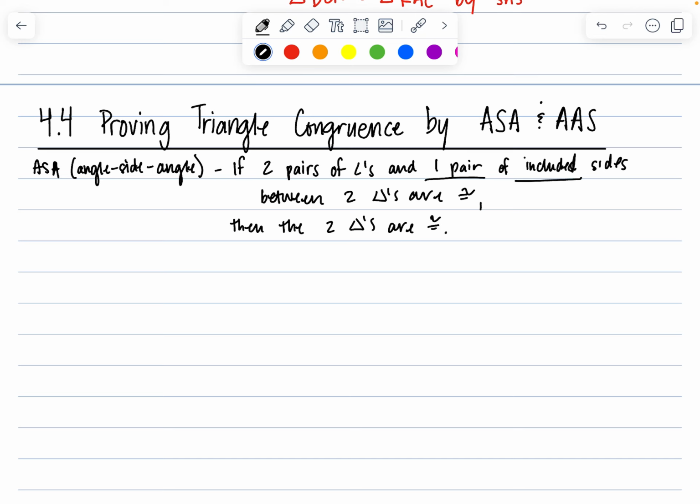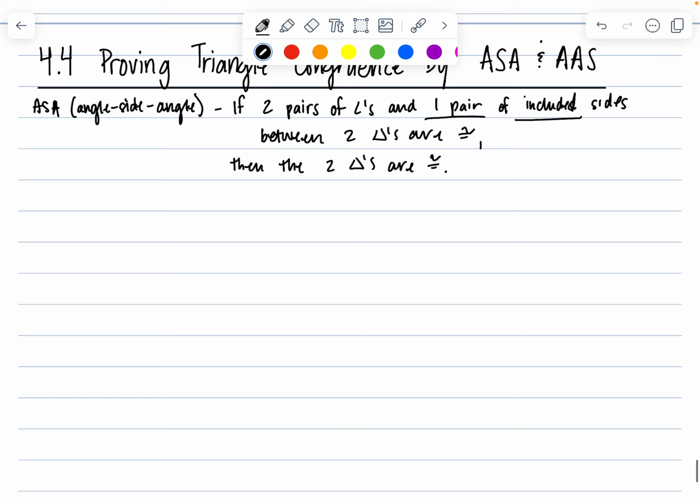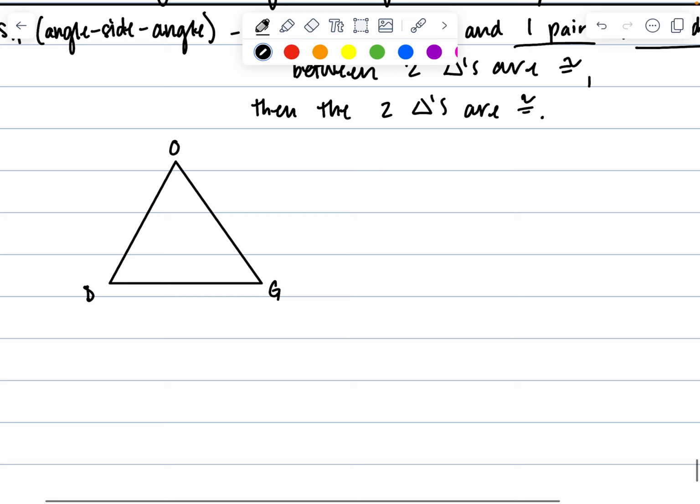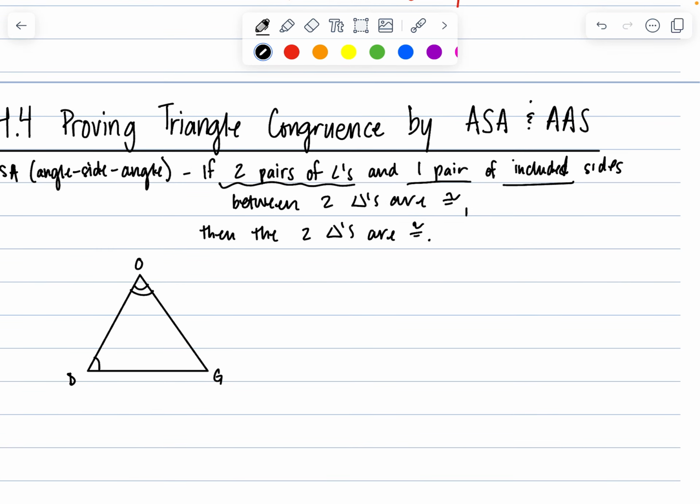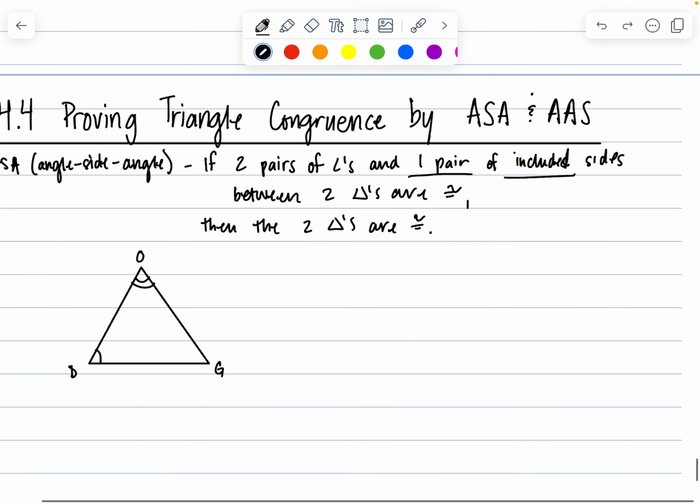Okay, so what does that mean? Well, if you take a look at a triangle, or two triangles, well, let's take a look at one for now. Let's call this DOG. Okay, and if we were to just put any two angle markers down, we would have the first two pairs of angles that are congruent, or two angles.